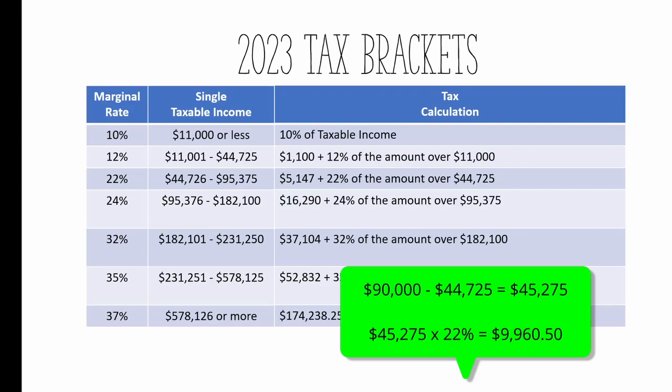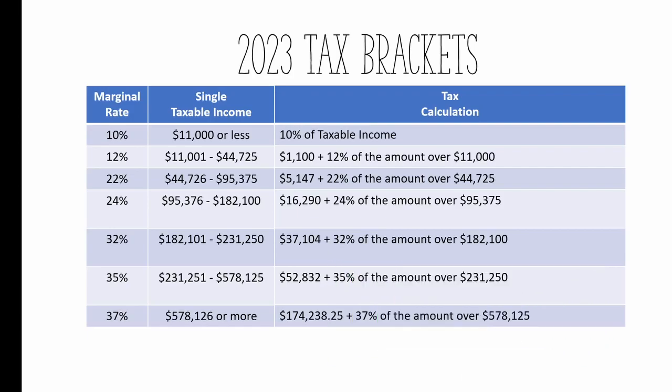We multiply that by 22%, and we get $9,960.50. We add that to the $5,147 and get a total tax liability of $15,107.50, which we will round to $15,108 on the tax return.